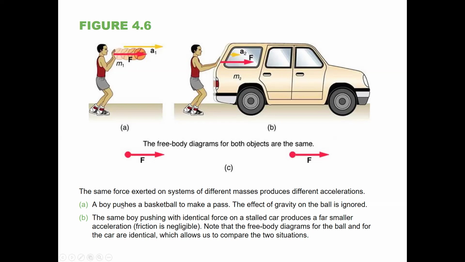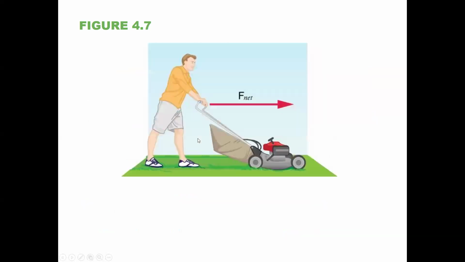So this shows you that the same force exerted on different systems that have different masses is obviously going to produce different accelerations. Here, the air resistance is so low, there is no friction, while here there is air resistance against the car and friction on the wheels. And here you have to push a much, much heavier car with your body. So obviously the car is not going to move as far as a basketball would.